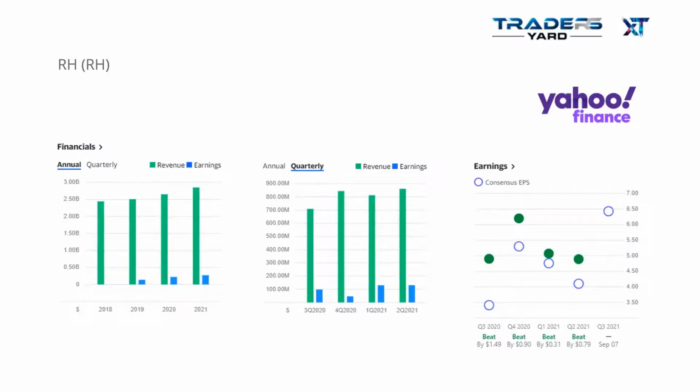We see that the annual revenue is rising year after year, and the same is with the earnings. And if you take a look at the last quarter that we have seen here, the second quarter of 2021, you can see they made a revenue record, even though we had this kind of pandemic situation, where many people were not able to go outside and do what they normally are doing, like going to restaurants or visiting festivals or stuff like that.